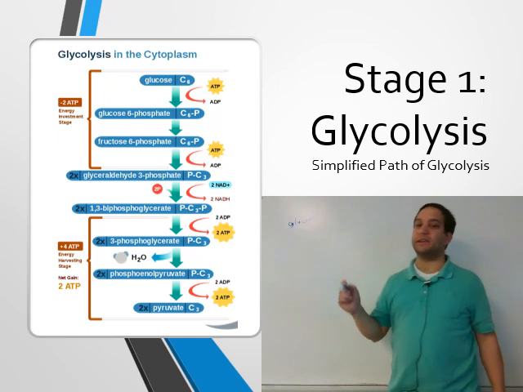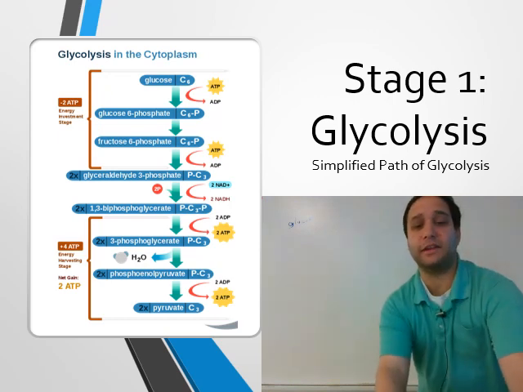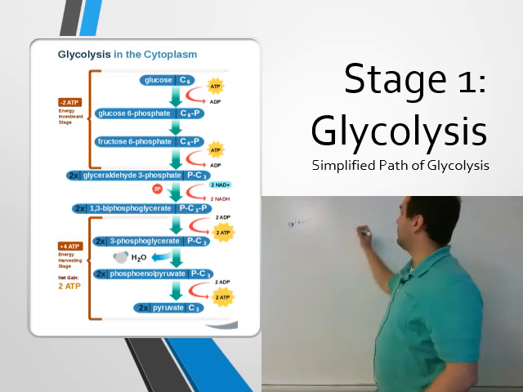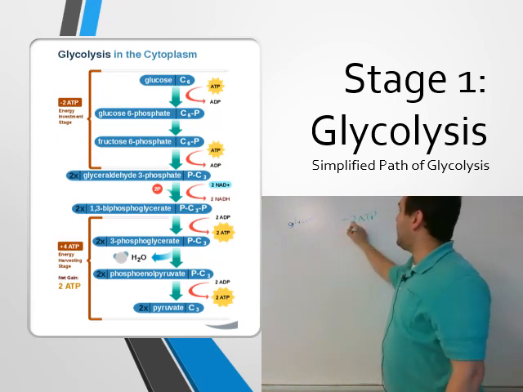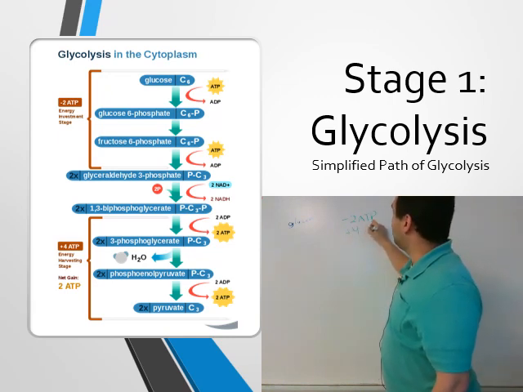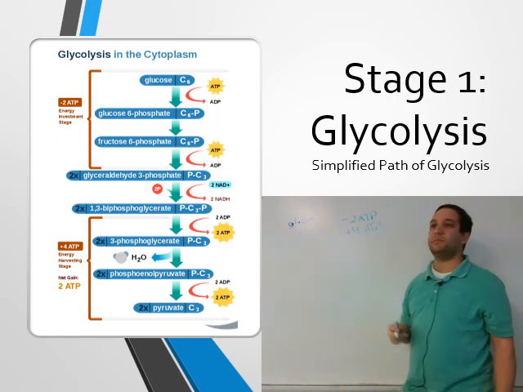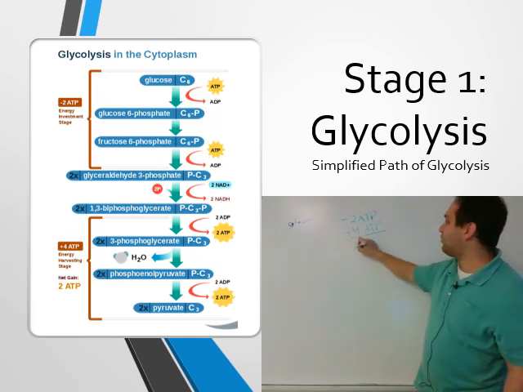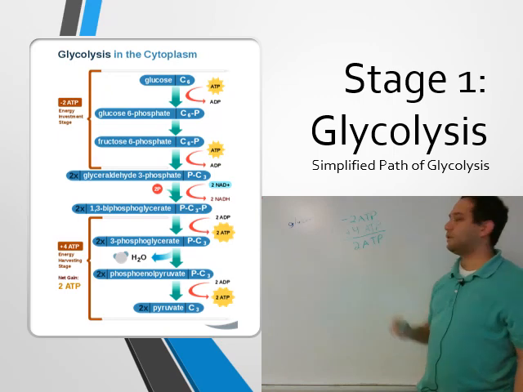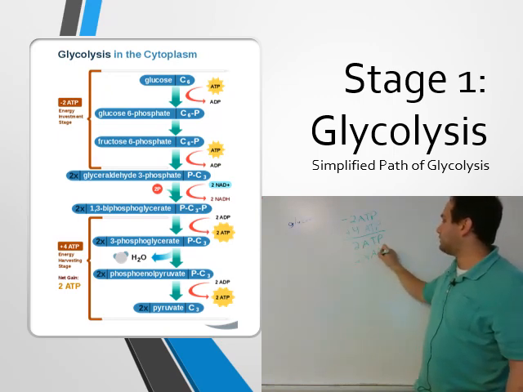In this case, energy is released in the form of NADH and ATP. So we break down 2 ATP, so we go minus 2 ATP. We gain 4 ATP. So what is our net total ATP for this reaction? Positive 2. 2 ATP total. And then we have 2 NADH created.